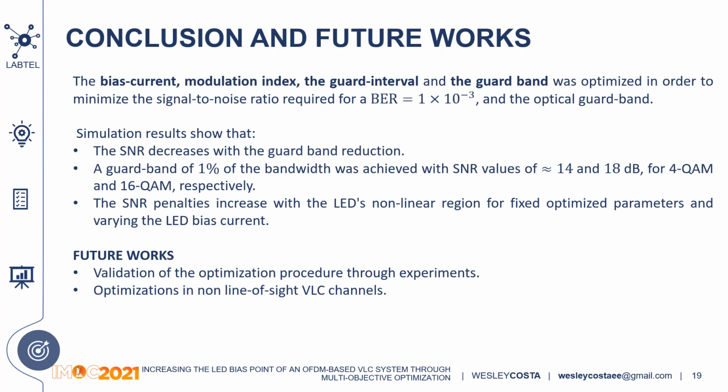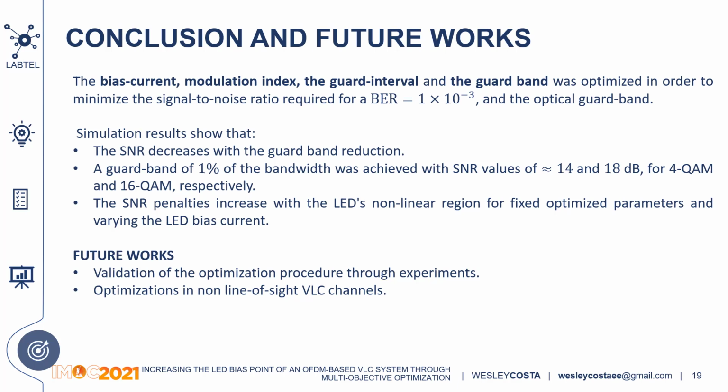So the conclusion and future works. In this work, the bias current, modulation index, guard interval and the guard band were optimized in order to minimize the signal-to-noise ratio required for a bit error rate of 10 to the minus 3 and the guard band. The simulation results showed that the SNR decreases with the guard band reduction.